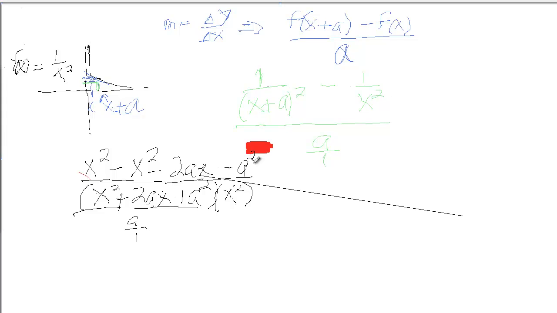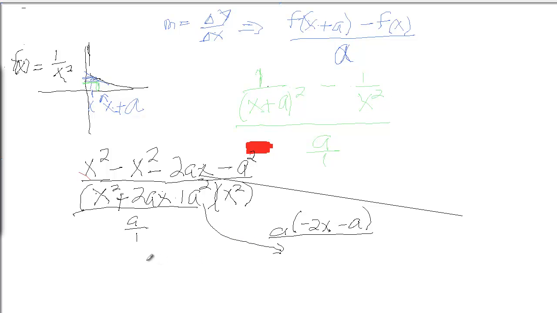Notice that the x squareds go away, and if I factor out the minus 2a, actually I only need the a, so I'm just going to take the a. That leaves me with minus 2x and minus a. All right, and that's all over all this. It's over all of that, right? So I'm just going to say it's over all that.